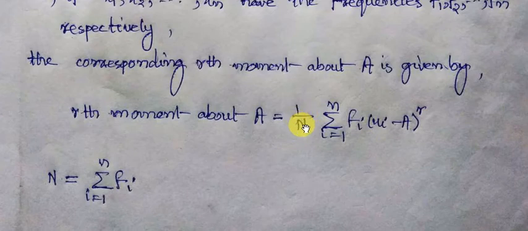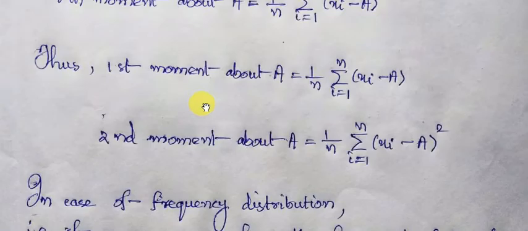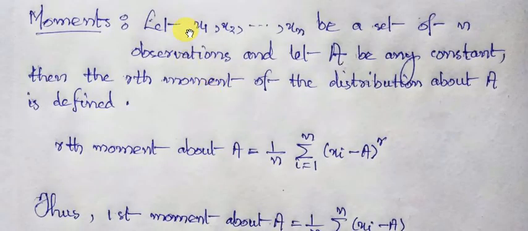And capital N, why capital N? Because look at this. In the first problem, we have considered n observations without any frequency. That means x1 has appeared once, x2 has appeared once, and so on. Similarly, xn has also appeared once.